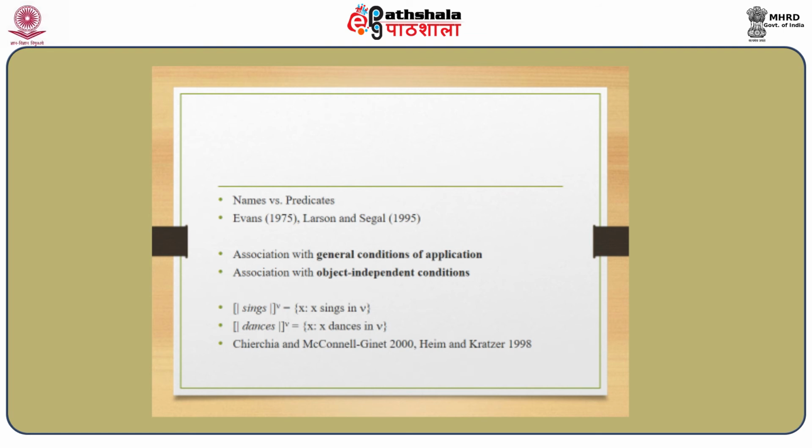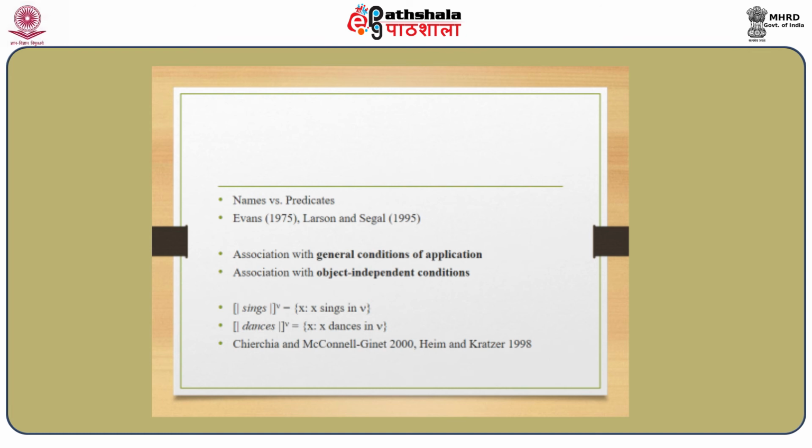There are two fundamental properties that predicate expressions have that make them different from proper nouns. The first one is what Evans and Larson and Segal call the association with general conditions of application. Conditions that are indifferent to the number of objects they apply to.